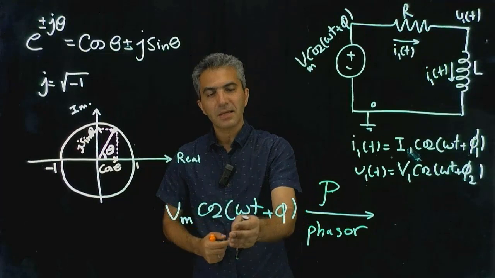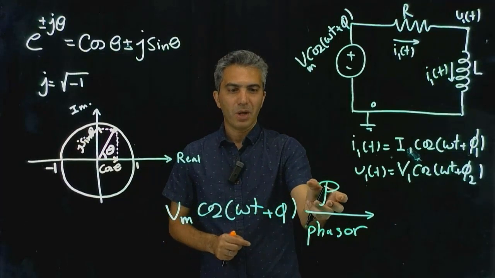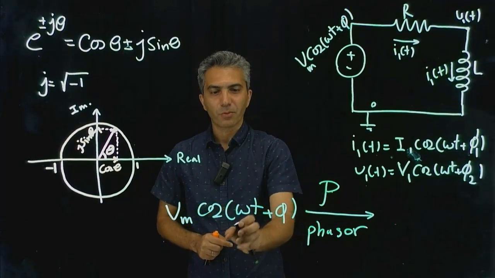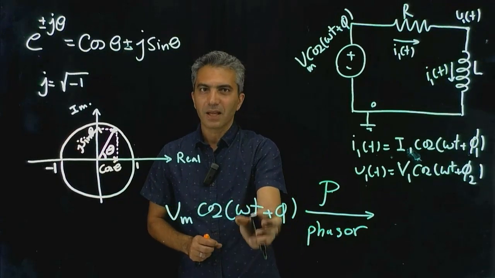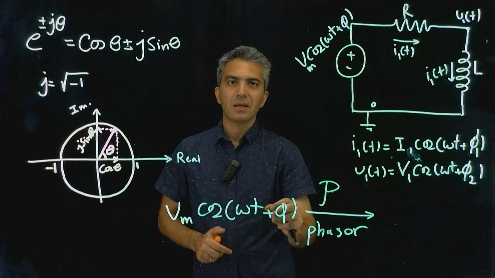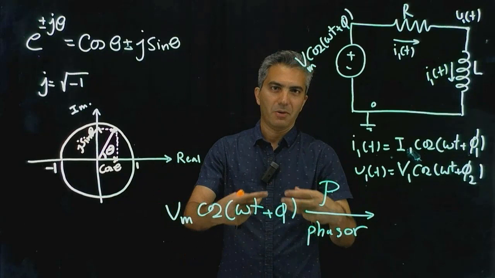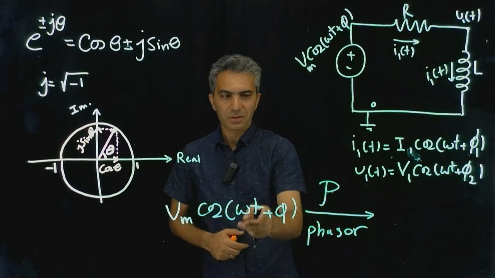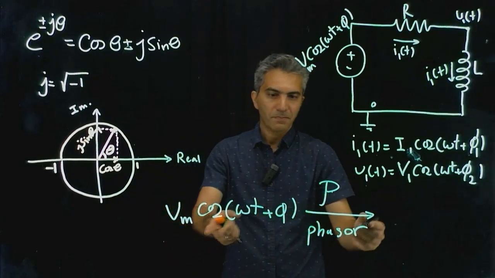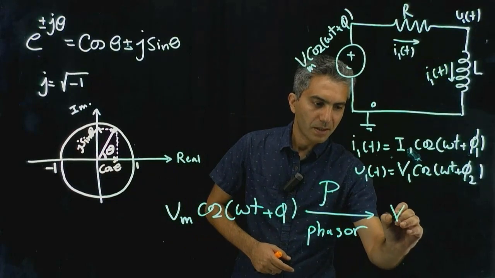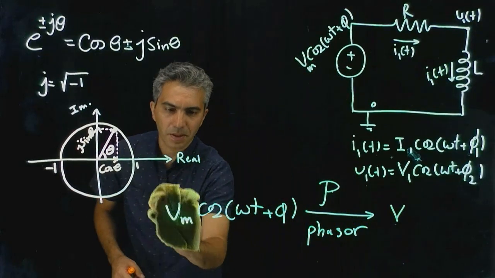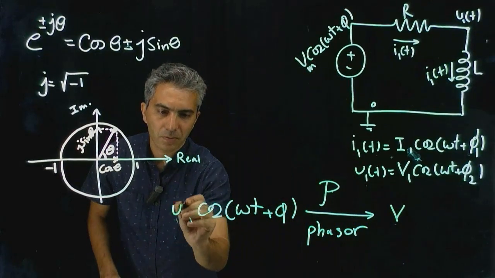For example, in this case, there's the time dependency, and when I do the Phasor transformation, I get rid of that time dependency, because I don't care about it and I want to simplify my calculation. So with the Phasor transformation, you move it to a different domain.